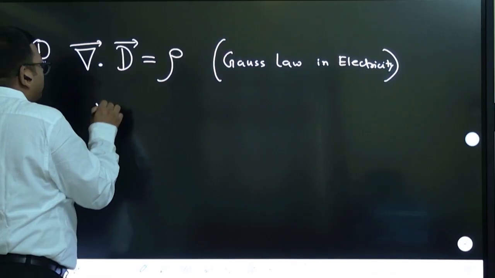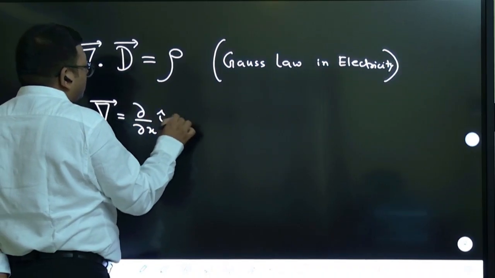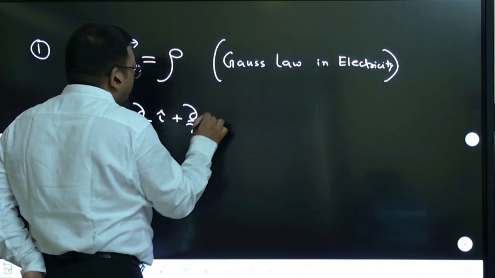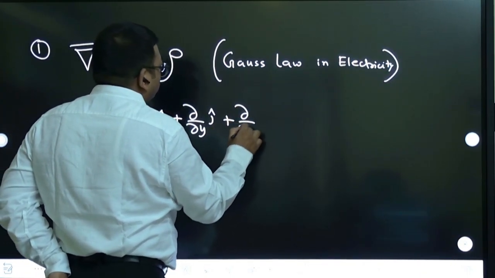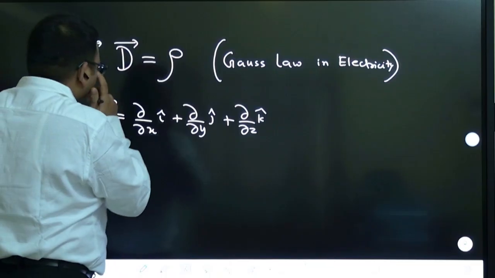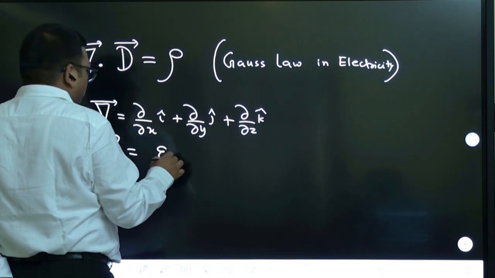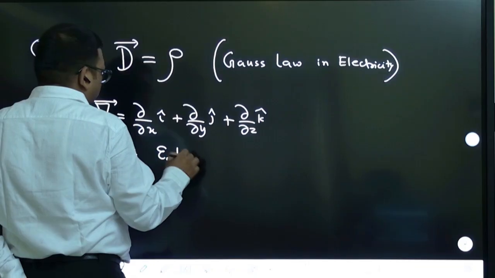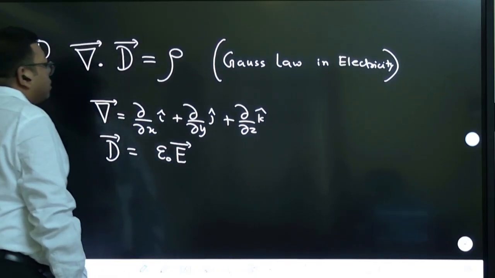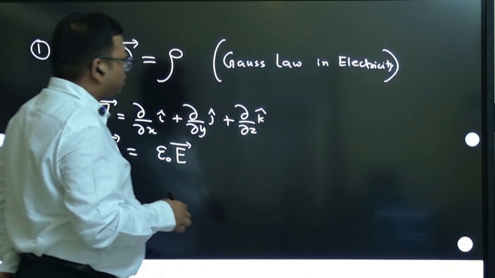Del vector, meaning of del vector, I hope you should know. This is dou by dou x i cap plus dou by dou y j cap plus dou by dou z k cap, partial differentiation. And displacement vector is a vector which is epsilon naught E vector. Then what is rho?